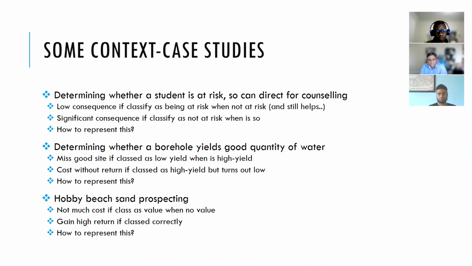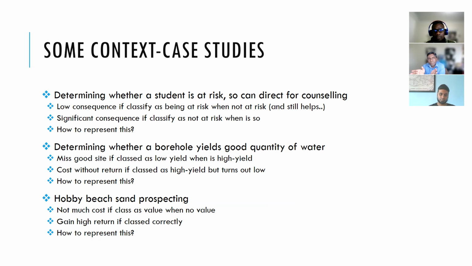Then some case studies here just to illustrate this machine learning flavor about that particular states matter. So in this example of predicting whether a student is at risk of failure, we recognize here that one of those states is more important to get right. So let's say our reason for developing this model was we wanted to direct students for counseling.